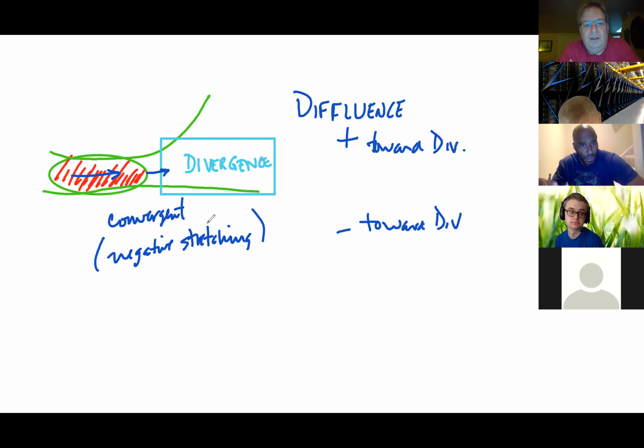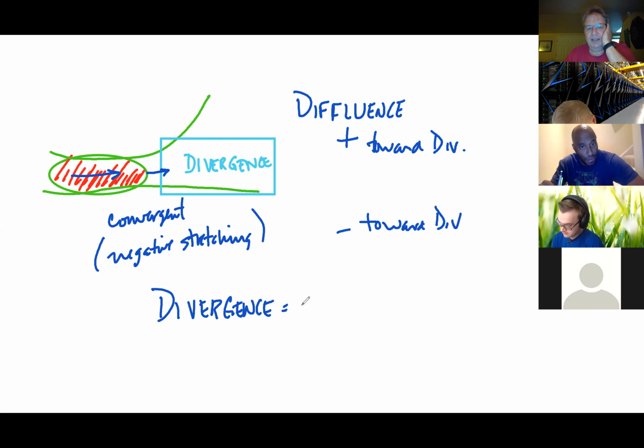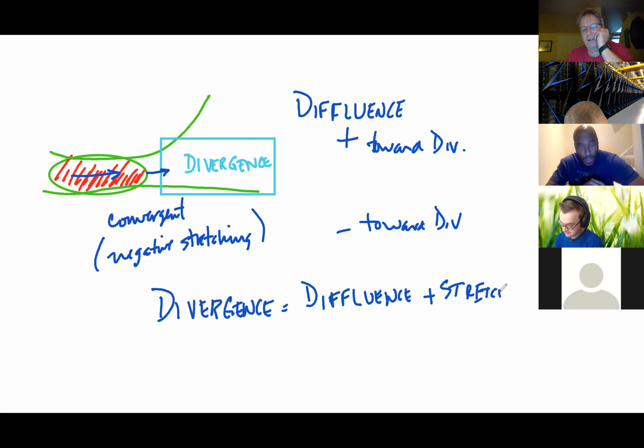Well, here, do you understand what I'm saying? Let me see if I can make this easier for you. Divergence in natural coordinates is both diffluence and stretching.